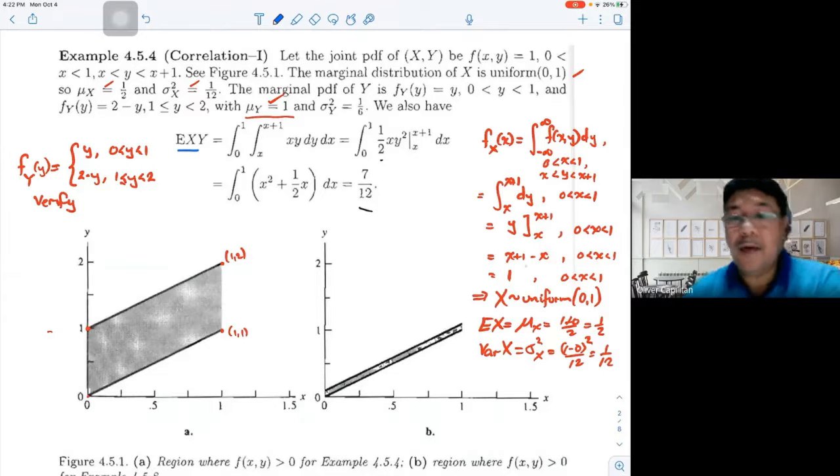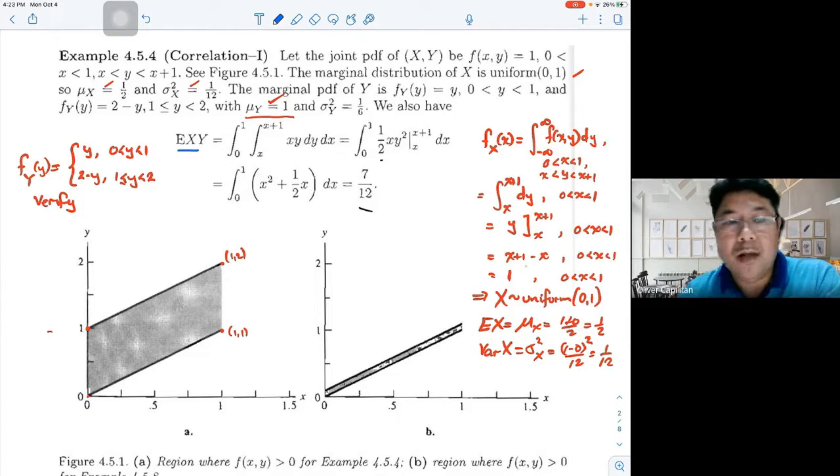Okay, so we have the joint PDF for x and y. So we have here the double integral from negative infinity to positive infinity, negative infinity to positive infinity, of our joint PDF, dy dx.